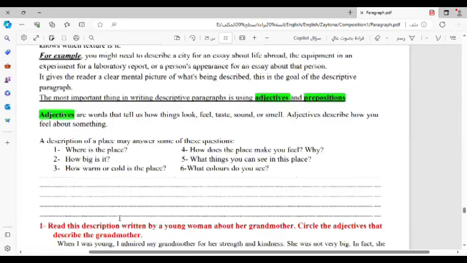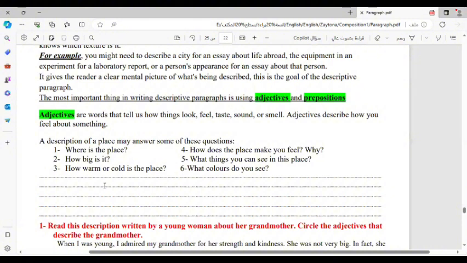So a description of a place may answer some of these questions. For example, I'm asking you to describe your favorite place. You need to think of these questions and consider their answers in order to have a full image in your mind to answer those questions in the form of a paragraph.